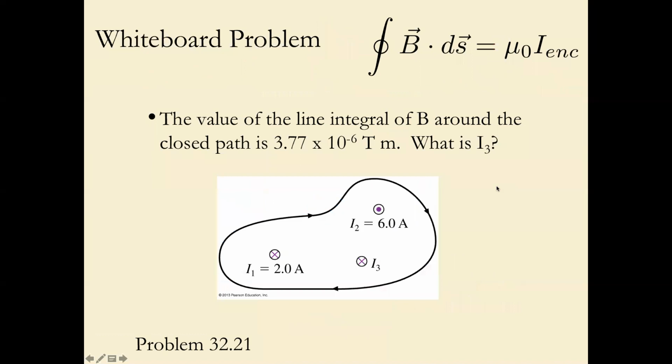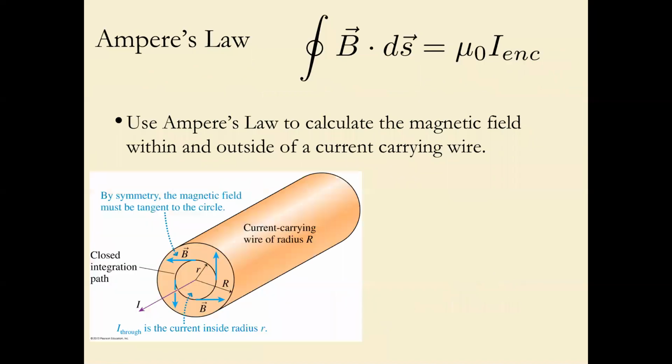And here there is another whiteboard problem. Please work on it, and we will post the solution. Here there is a current distribution, and you will use Ampere's law to calculate the magnetic field inside of the current carrying wire, and also outside of the current carrying wire.